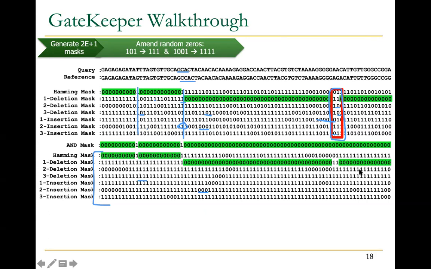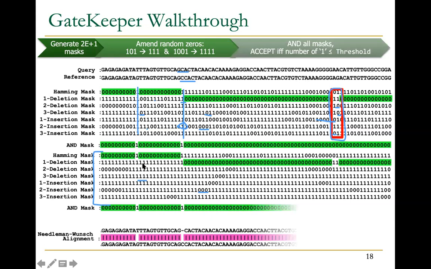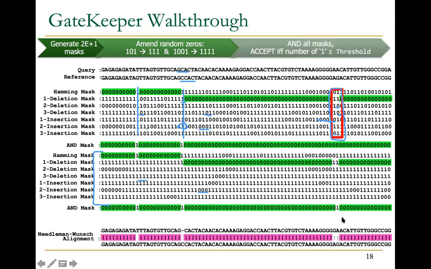As you can see here, you get vectors that have fewer zeros, or fewer random zeros. And then do the AND operation. Let's see what will happen. You get now the 1 over there that represents the differences. Of course, we still lose something because we don't replace all zeros. If we replace all zeros, then we will lose the exact matches, which are highlighted by green over there.